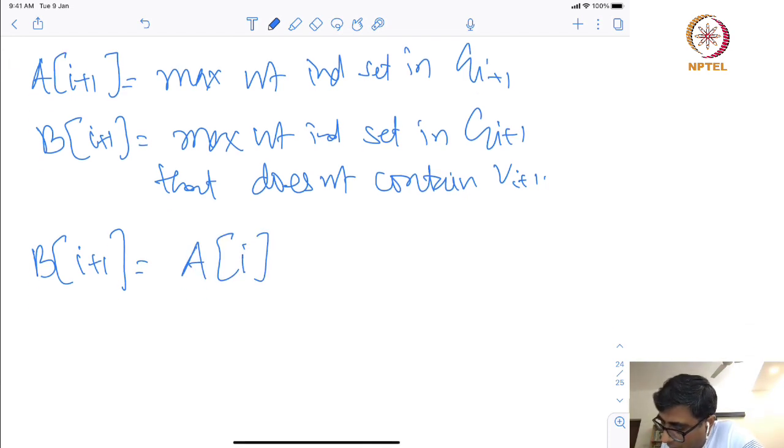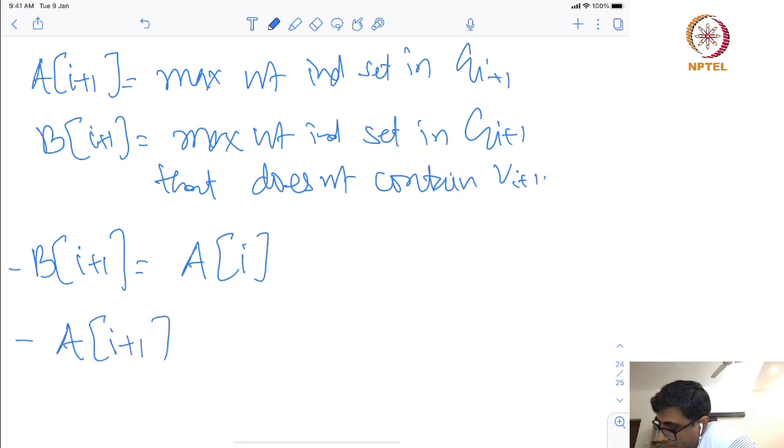Good. Okay. So, now what is A_{i+1}? Either it contains v_{i+1} or it does not.